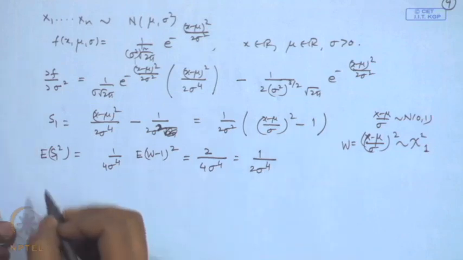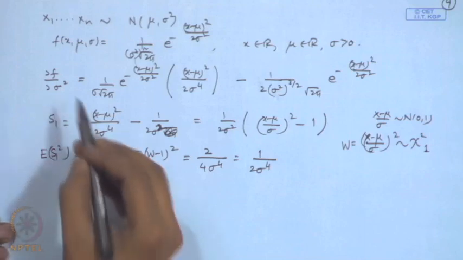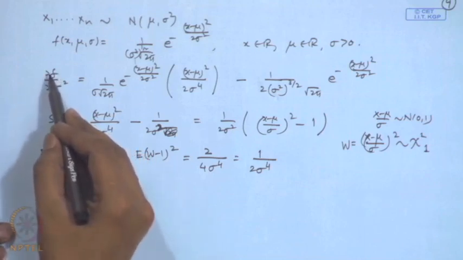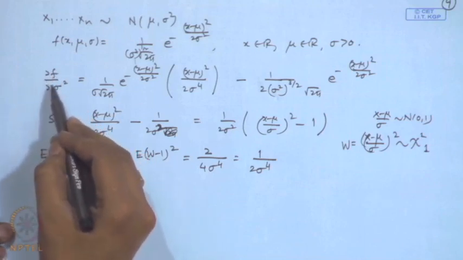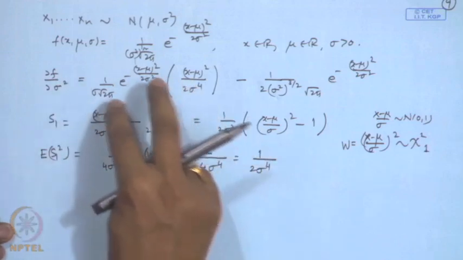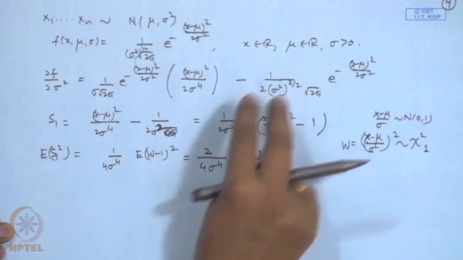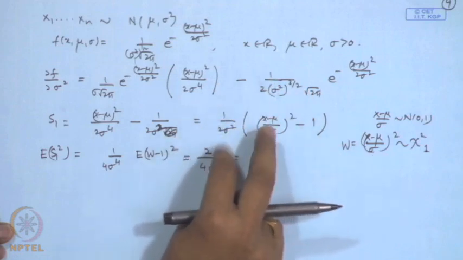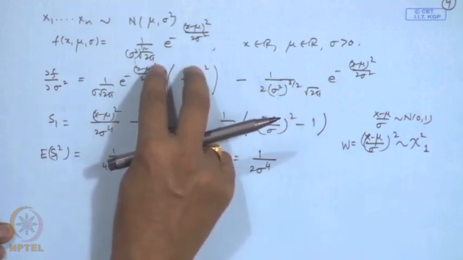Now, if we calculate S2, S2 will involve the second derivative here. So, if you consider the second derivative of this, then this density multiplied by this term you have to differentiate, and then differentiate the density also.